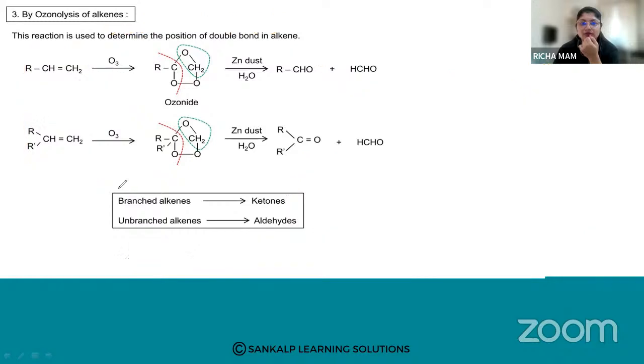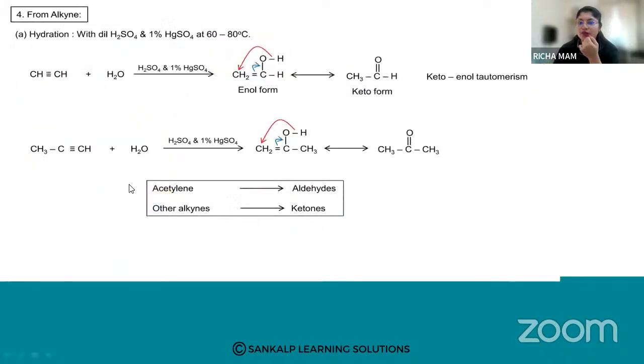So let us go to the fourth one, from alkynes. Alkynes means from a triple bond. Alkenes, alkynes: alkynes are also unsaturated compounds with a triple bond. So what are we doing here? We are doing hydration.